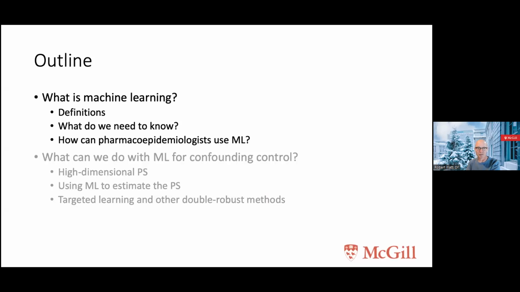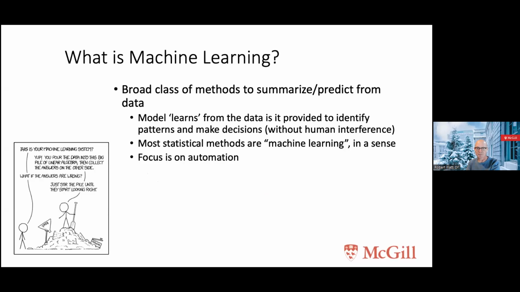Okay, so let's move to the first chunk of work I want to talk about. What is machine learning? So machine learning is a broad class of methods, and you'll see many, many definitions of machine learning. But the basic idea is you want to summarize data or predict from data.